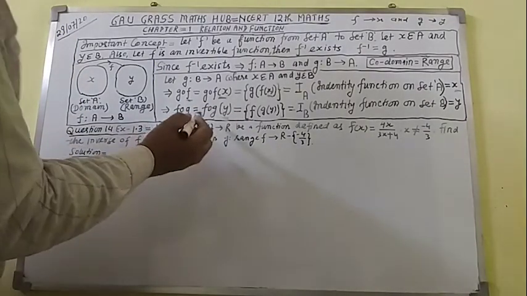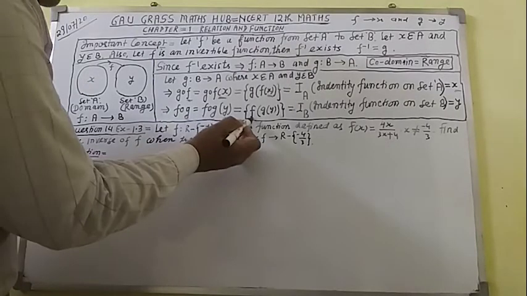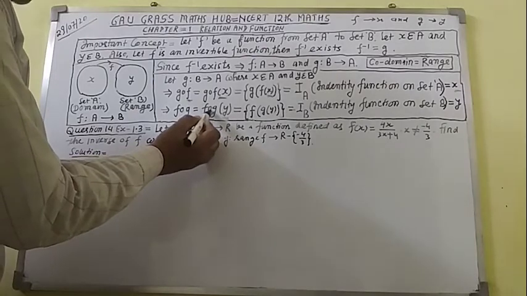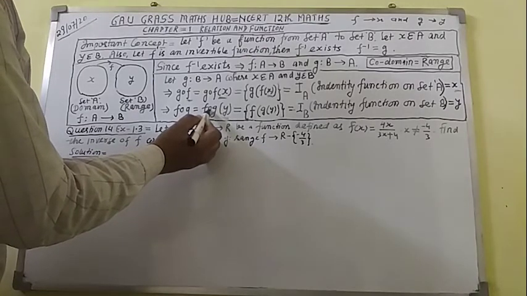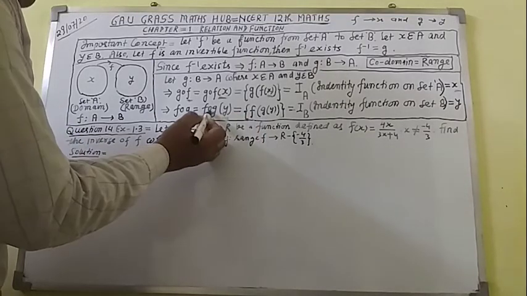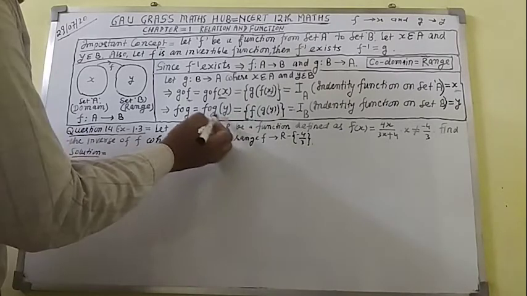Now here you can see f is there, first letter, write here f, and this o will be converted into a bracket, and g(y) right here.